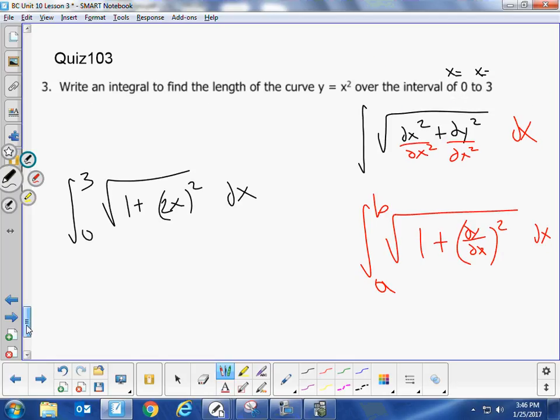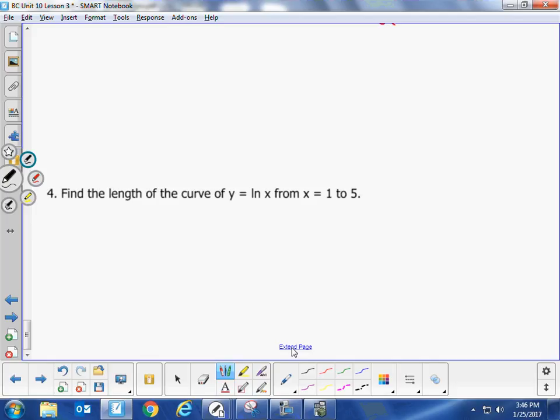Okay. Last one. Simple. Integral from 1 to 5 of the square root of 1 plus log x squared dx.